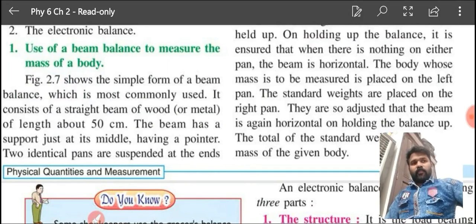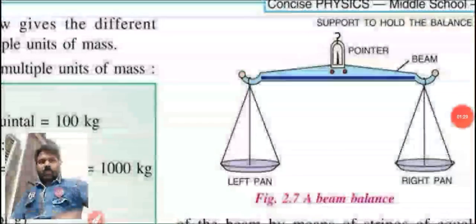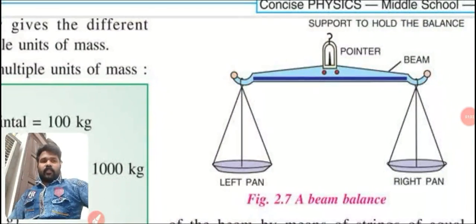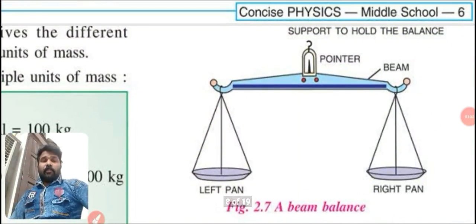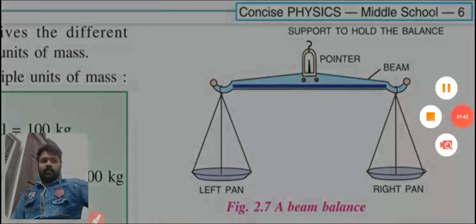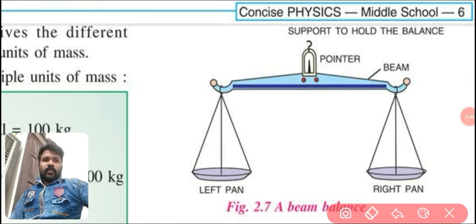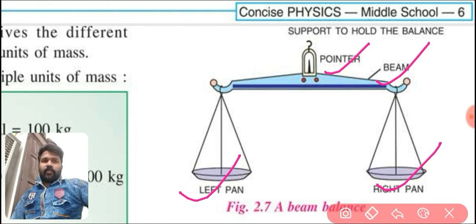Okay students? In this figure, you can see the beam balance. You observe it. A beam balance has one pointer here, and this is a beam, and this is the right pan, this is the left pan.